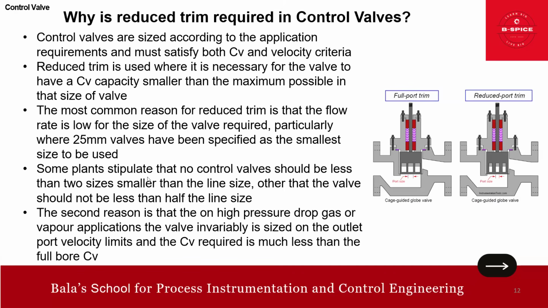Some plants say no control valve should be less than 2 sizes smaller than the line size, and the other is that the valve should not be less than half the line size.